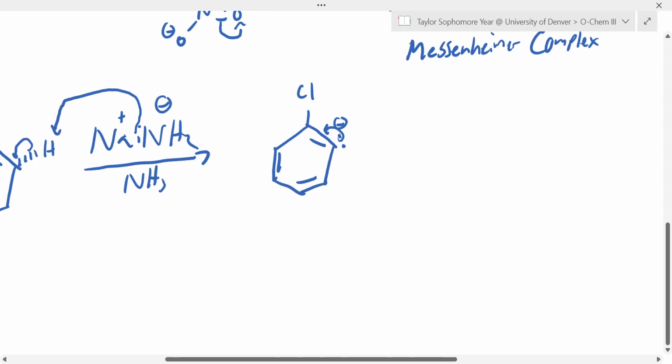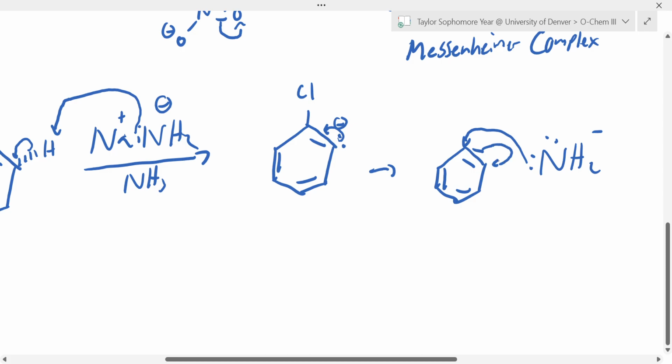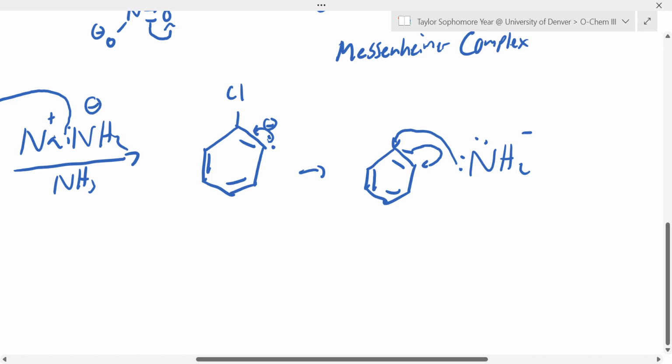From there, we have a benzyne. So with this benzyne, we can then have our NH2 minus attack one of the carbons of the triple bond, bringing this triple bond back into its last place with electrons on the carbon.